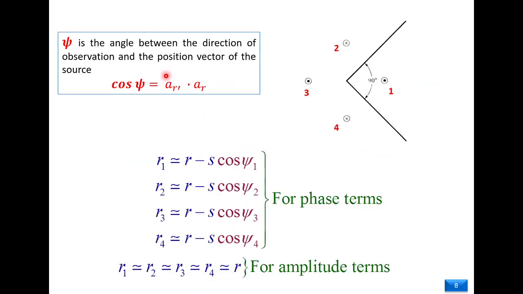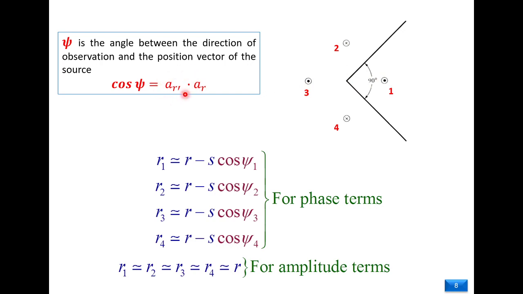And for phase, we have r1 equal r minus s cosine phi 1, where s is the distance from the origin to the feed point or to the source, and phi 1 is the angle between r prime, from origin to source 1, from origin to source 2, from origin to source 3, and the direction to the observation point.